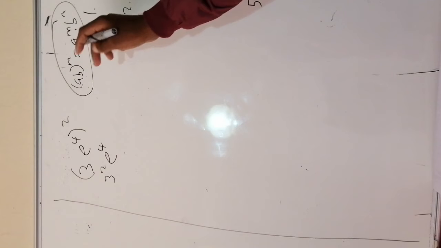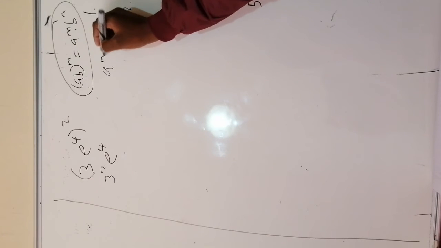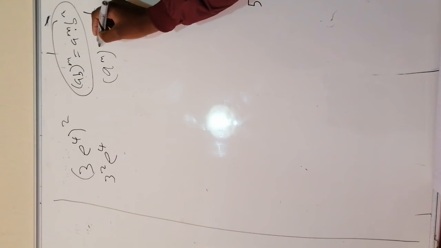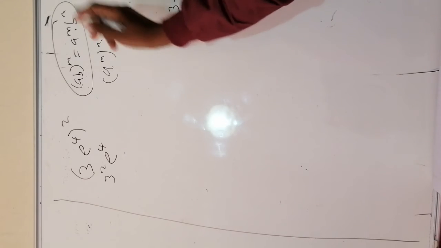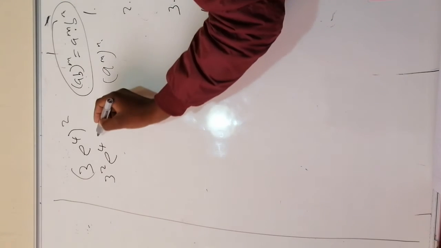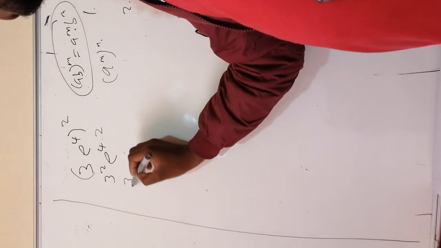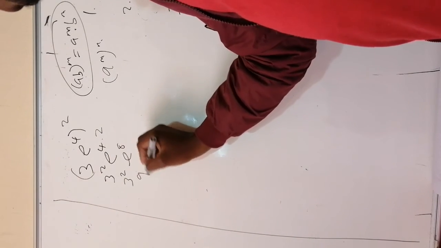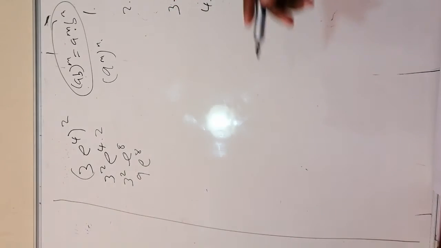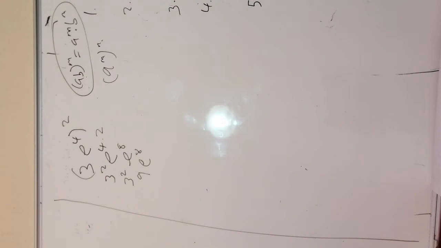We also need to apply the rule a to the power m, all to the power n. You remember, you simply multiply the exponents. 4 times 2. So this is 3 squared a to the power 8. So this is 9a to the power 8. As simple as that.